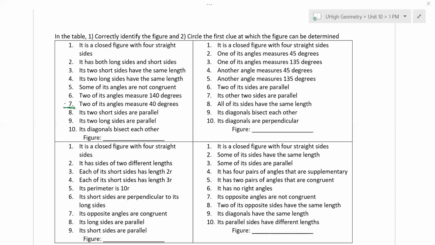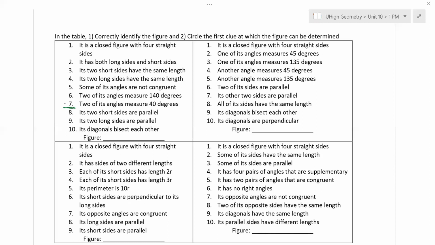Number 8 and 9 say its 2 short sides are parallel and its 2 long sides are parallel. If I have short sides being parallel to each other and long sides being parallel to each other, that also tells me that the sides have to be opposite of one another, because I couldn't have two adjacent or consecutive sides being parallel.